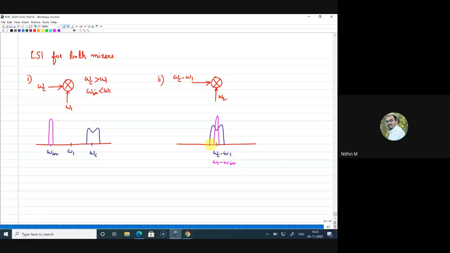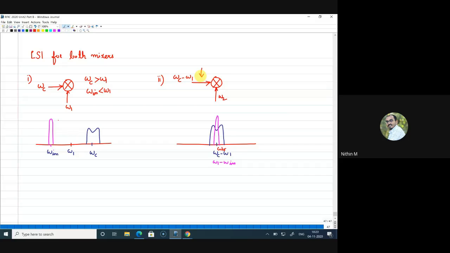That is why we call this the intermediate frequency, omega IF. I hope this is clear. But one thing to note is that omega C minus omega 1 and omega 1 minus omega IM are both equal. This is the desired signal, and the image appears at this location.